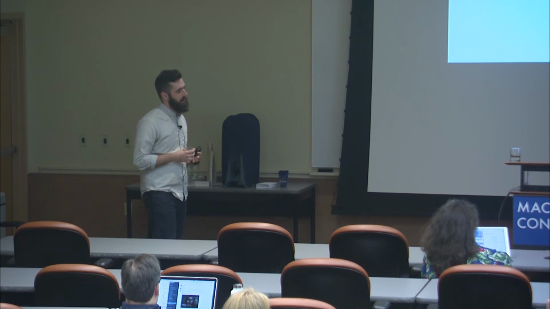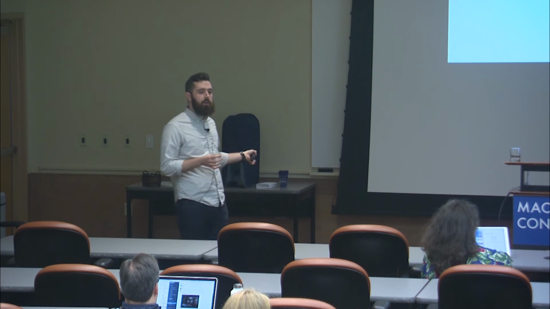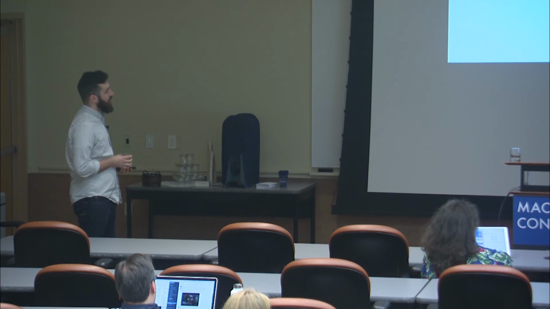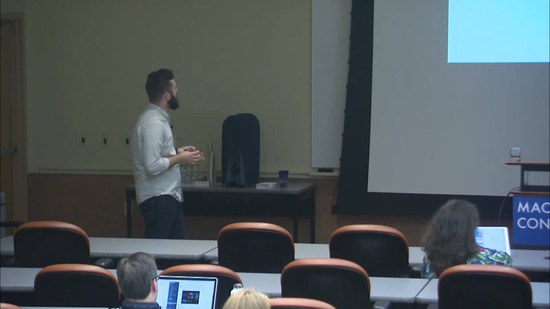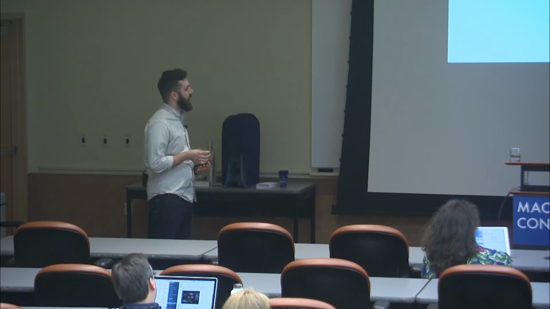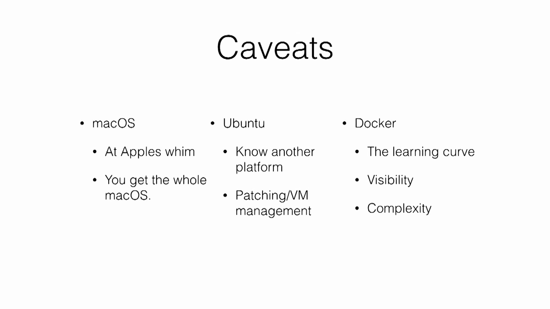All I had done is heard about it. So all of this is kind of coming out of this idea of, could I run Munki on Docker? So macOS, probably not the easiest to scale. Ubuntu, doable but complicated. Docker, doable but even more complicated from what I did. And then you have some caveats with each one individually.